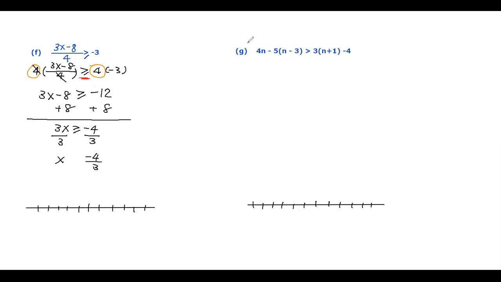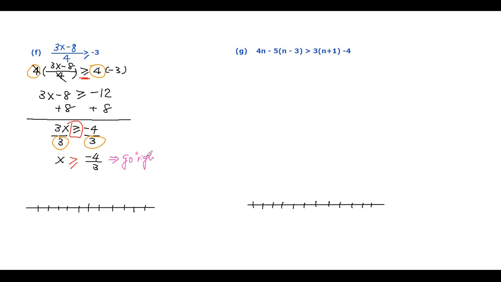Do I need to change the inequality sign? No, right? Because I am dividing by a positive number, so I don't have to. So that's my answer. So how do we read it? We read it as x is greater than or equal to negative 4 over 3. So it's greater than, so do I go left or go right?